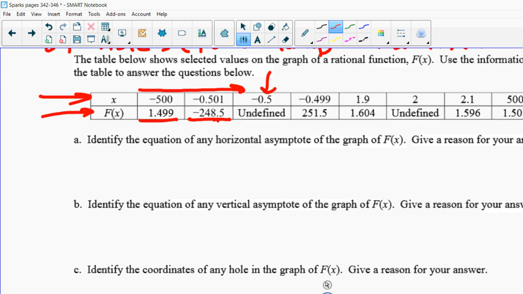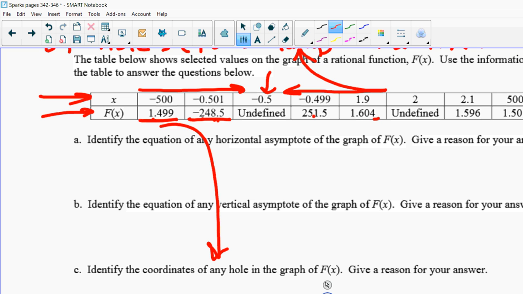Look, that number, this thing nosedives, doesn't it? What's it do from this side as x is getting closer to -1/2 from the right? It goes from 1.6 to 251. So it's going like that, right?